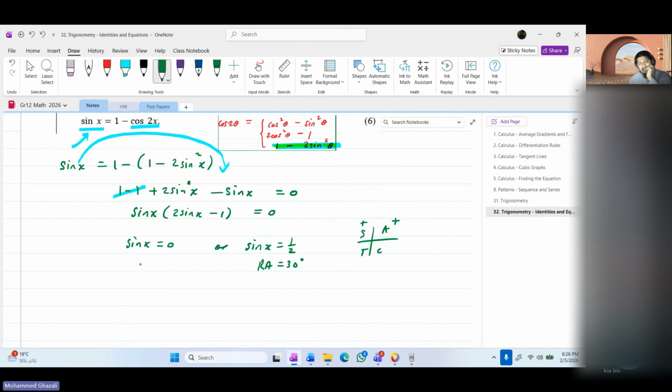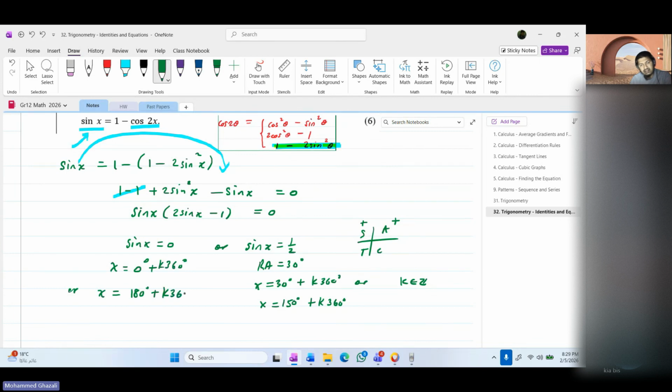So x is equal to 30 degrees plus k 360, or x is equal to 150, 180 minus 30, plus k 360. K is an element of integers. Same here. x is equal to 0 degrees plus k 360, or x is equal to 180 plus k 360.